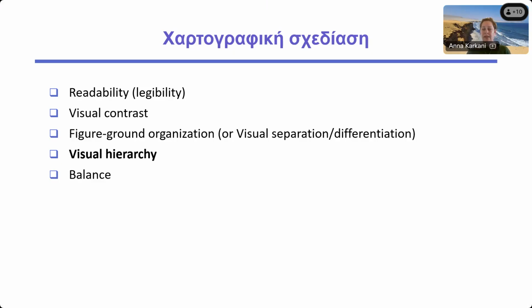What usually happens is that the reader of a map will first observe the map elements that have been placed by whoever the creator was at the top of the visual hierarchy. So if you look at the map, for sure you will notice that usually the largest elements are the first things that we notice, and we are most likely to notice and read. Items or elements that are located in the center of the map are higher in the visual hierarchy than elements that are at the bottom of the map, for instance.